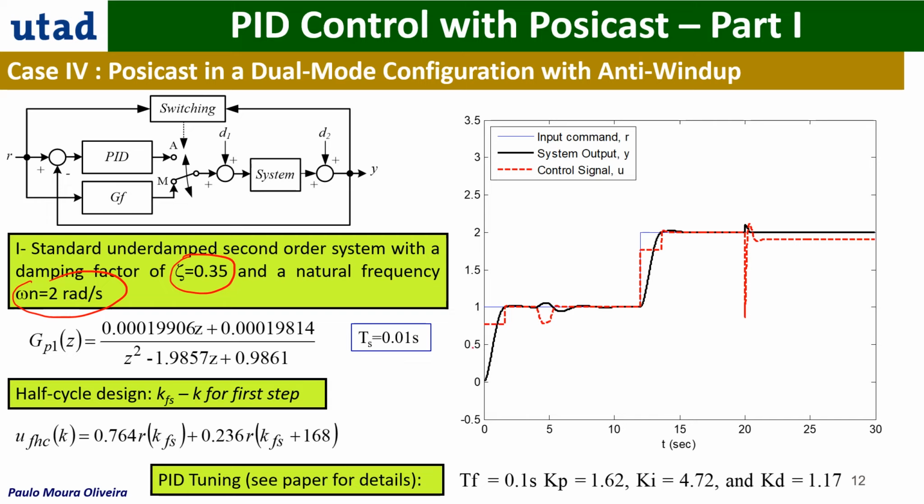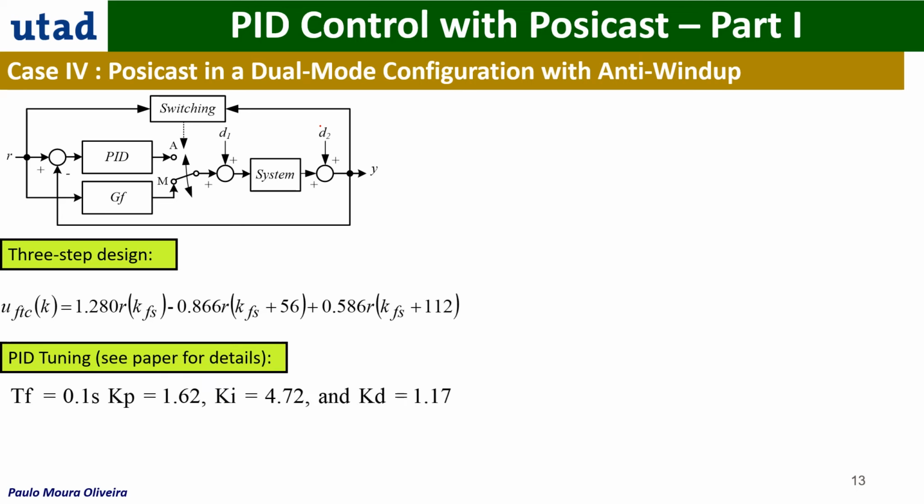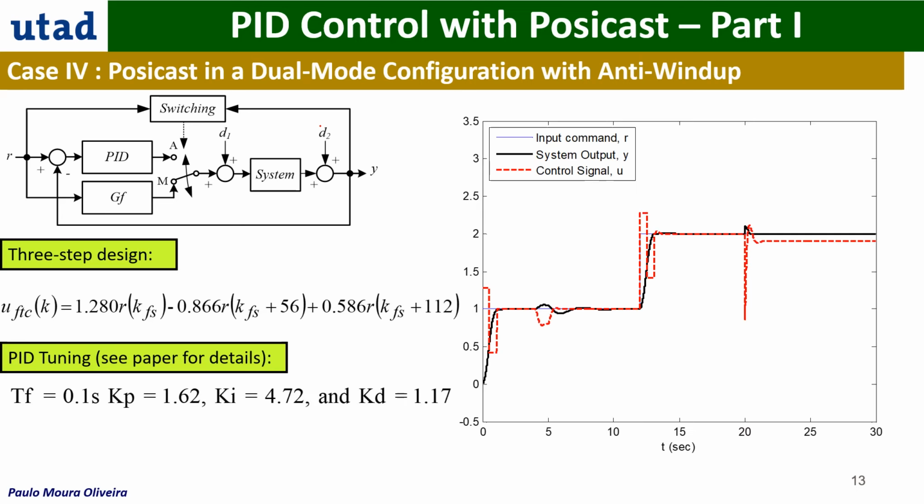We can see clearly the half cycle, and then we switch to the PID controller, and another step, because in this case we have two types of disturbance, this one and this one. This is also for the three-step design for the same system. You can see quite nicely the up and down of the three-step response, and also the PID acting.